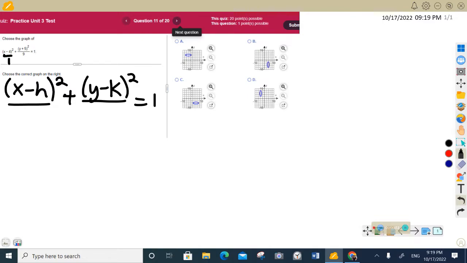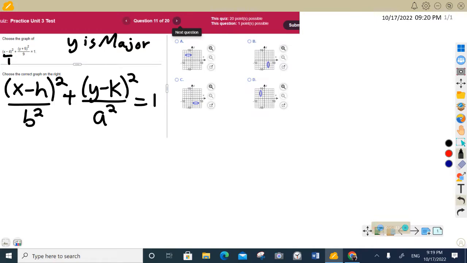So your bigger number is your a squared. So 9, this time a squared is going to be underneath y. It always goes with the biggest number. So that tells us that y is the major axis here. Y is major, so it's going to be bigger in the y direction.